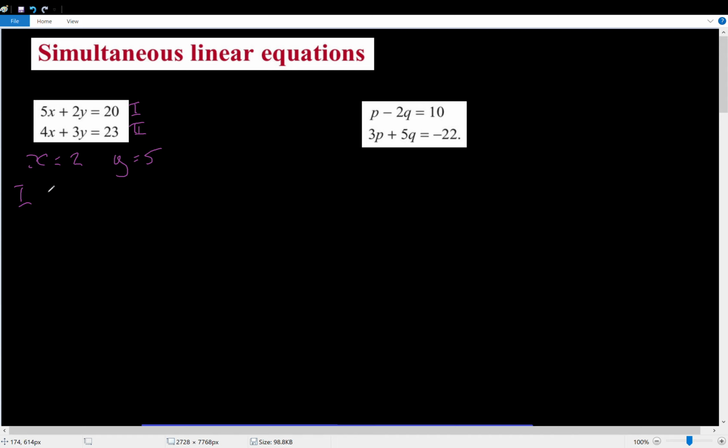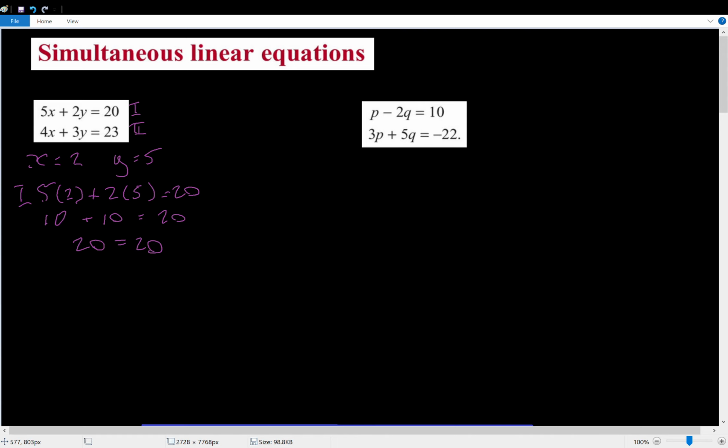Instead of 5x, we're going to have 5 times 2, and instead of 2y, we're going to have 2 times 5, and that's going to be equal to 20. Which means we get 10 plus 10 equals 20. So we get 20 equals 20.